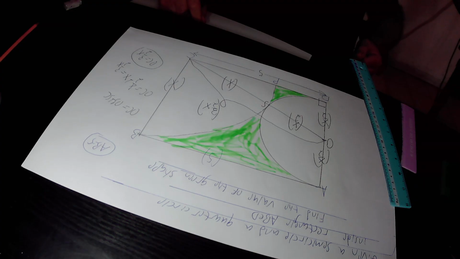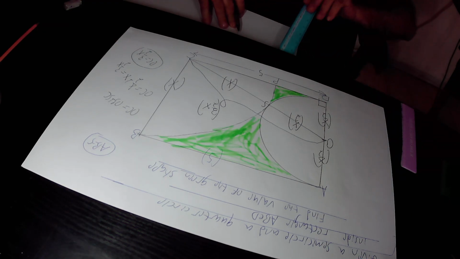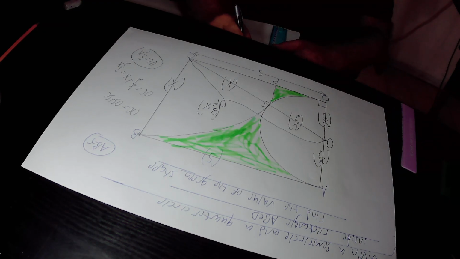In the next step, I'll copy the right triangle ODC onto a new page, and we'll implement the Pythagoras theorem on this right triangle ODC. Here PT is short for Pythagoras theorem.